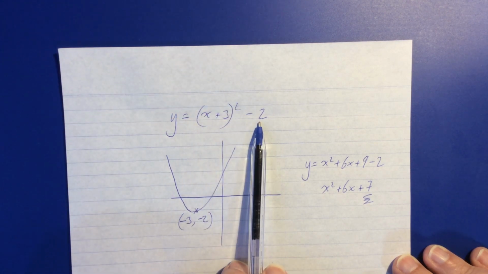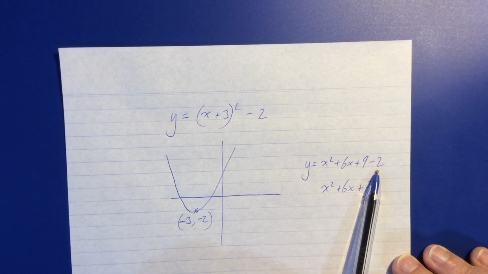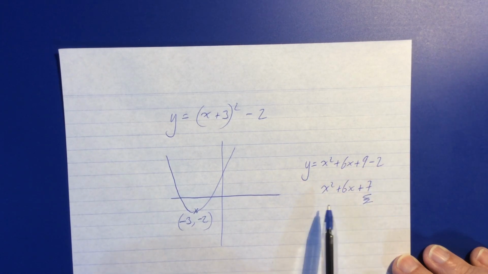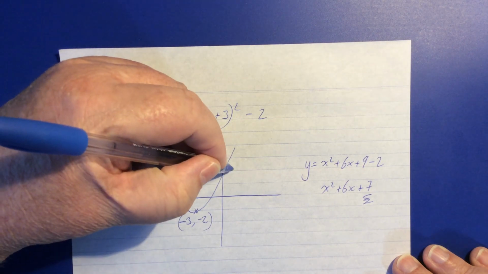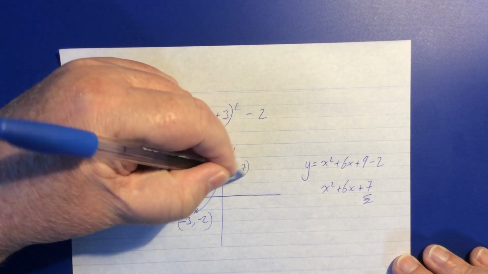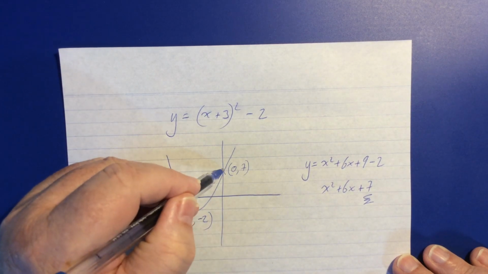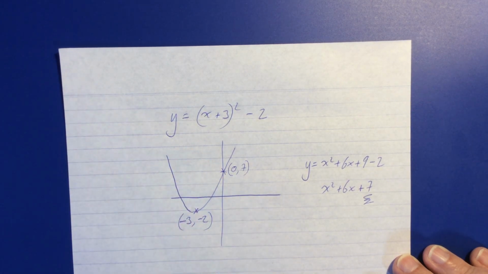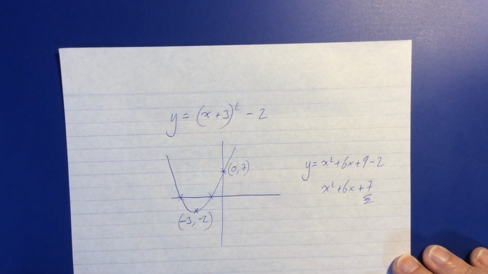I take this equation and I expand it, as I did last time, and I get x squared plus 6x plus 7, which is going to be my y-intercept.